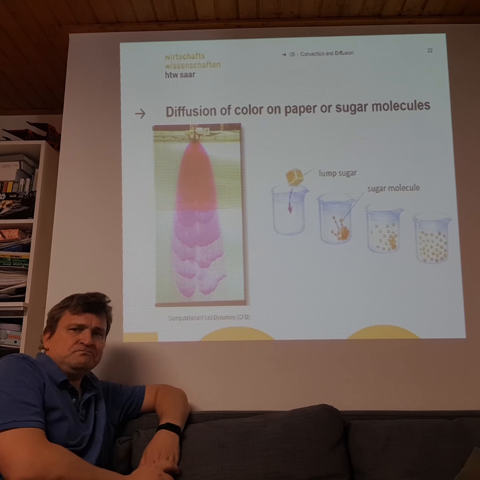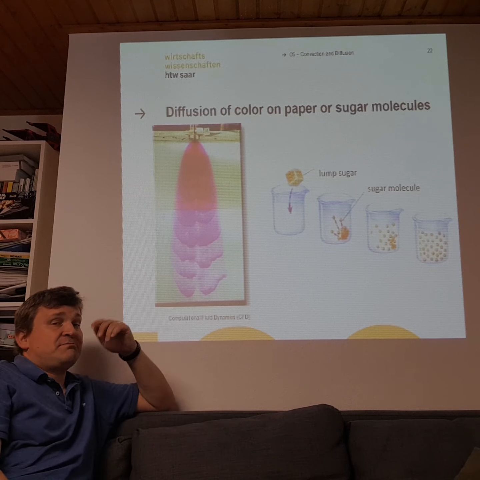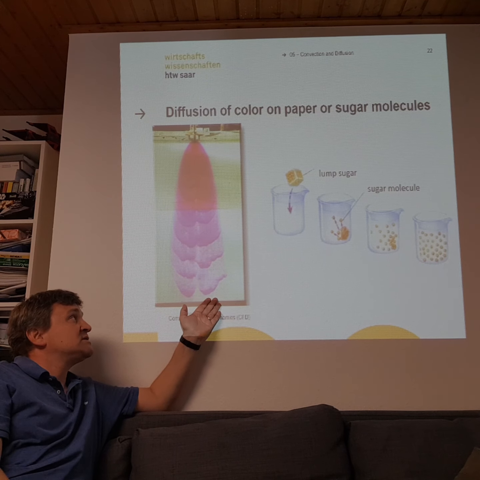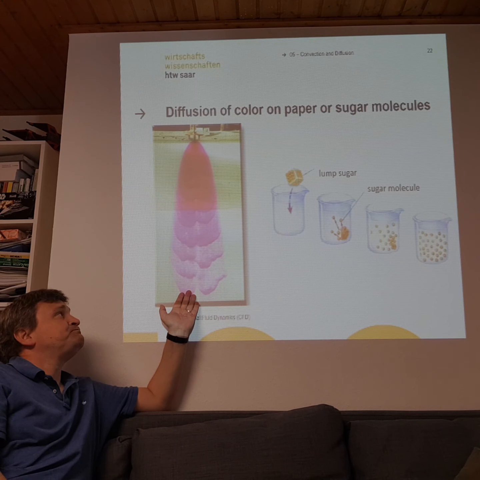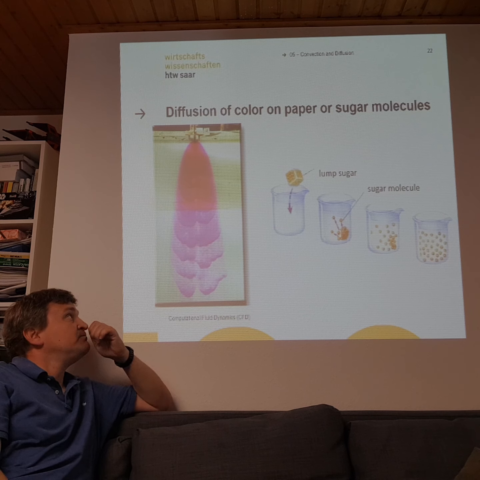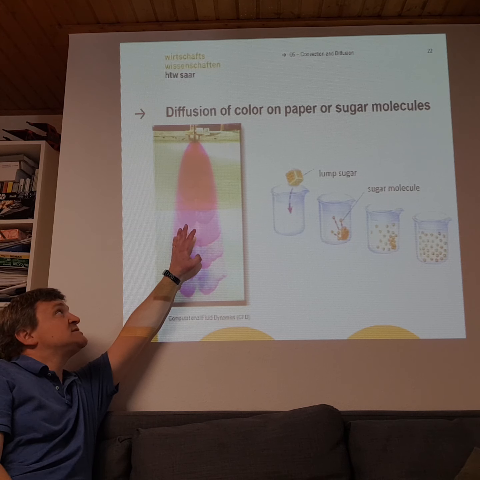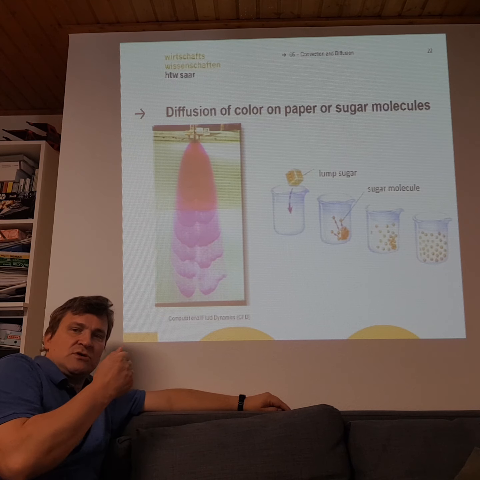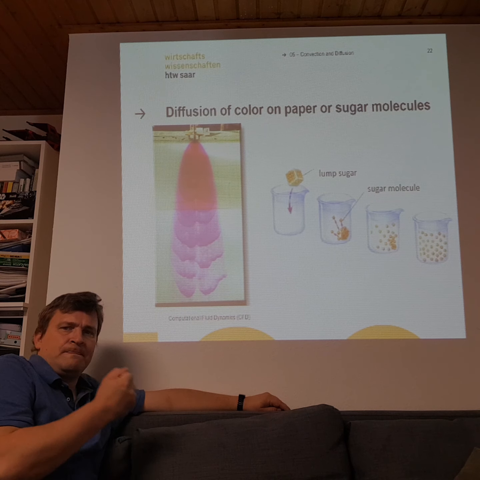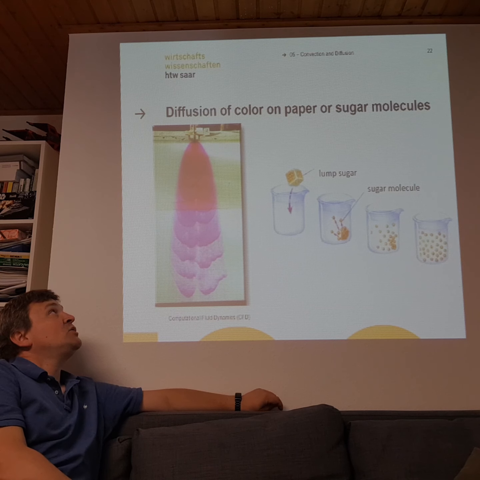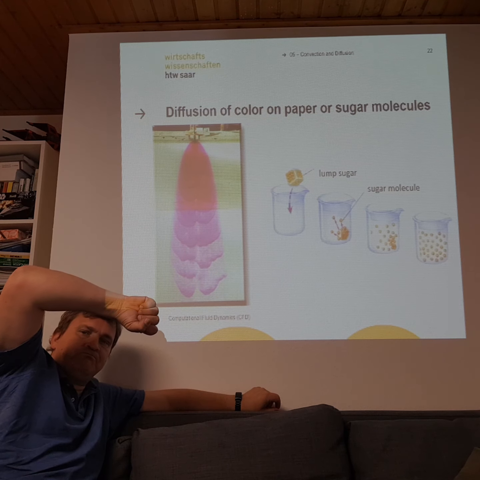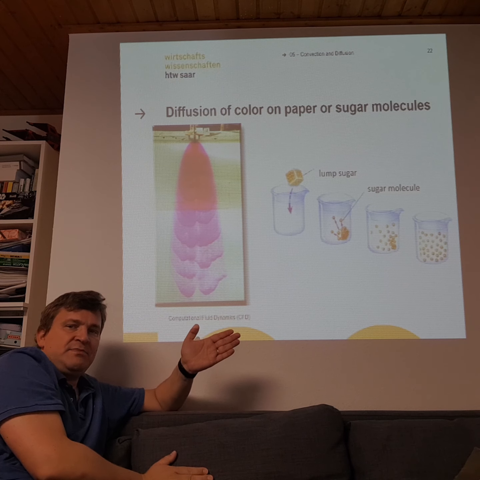For example, to describe it a bit better, I have some examples. Here you can see a picture that was made with a pen. They took a magic marker, a pen with red color, and put it in water over a sheet of paper.